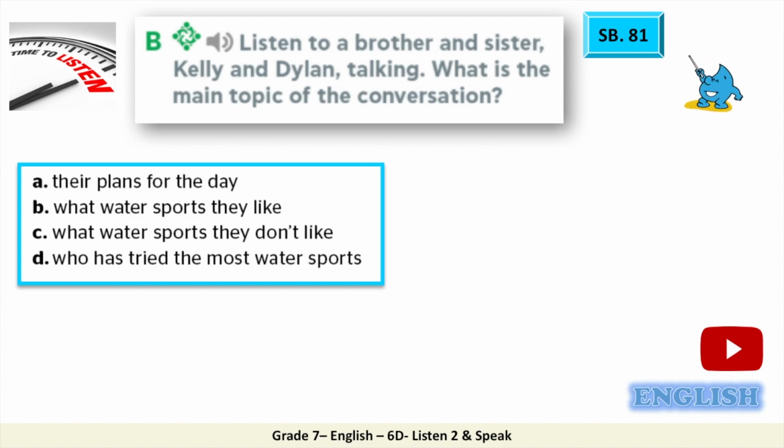Hi, Kelly. Hello, Dylan. Your sunglasses look cool. Are they new? Yeah, thanks. Mum helped me choose them before we got here. It's a beautiful day today. What are you going to do? Well, I was thinking of trying a sport, but I don't know which one. Well, there are lots to choose from at this resort. I went windsurfing yesterday. Have you ever tried windsurfing? Yesterday? You didn't say anything.